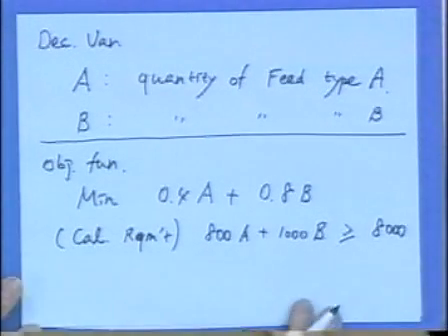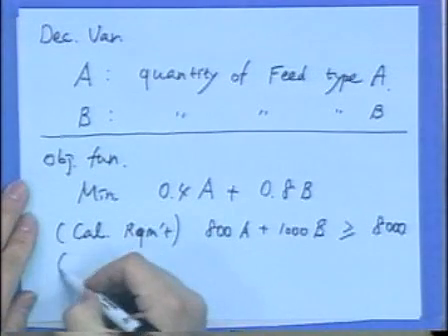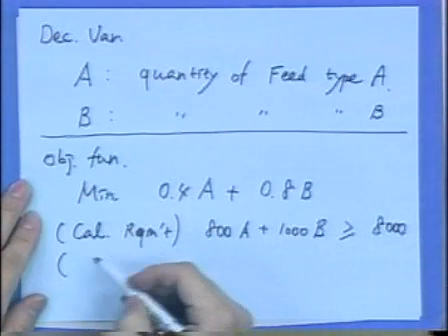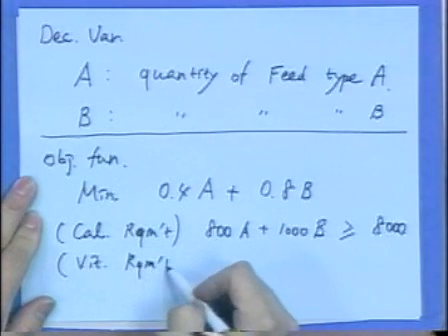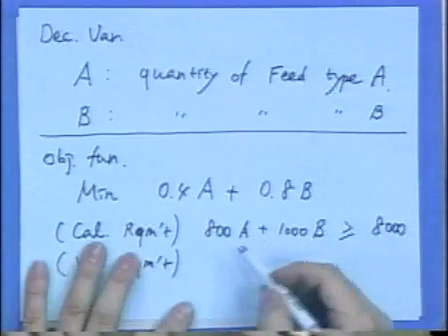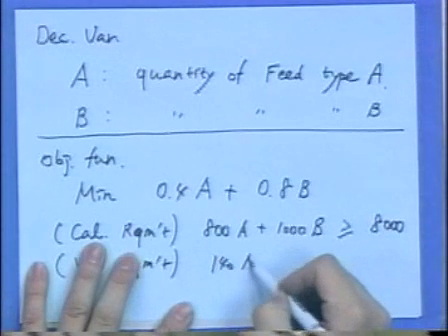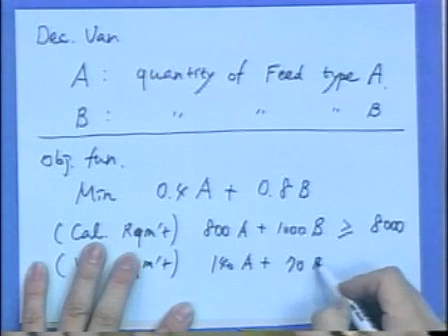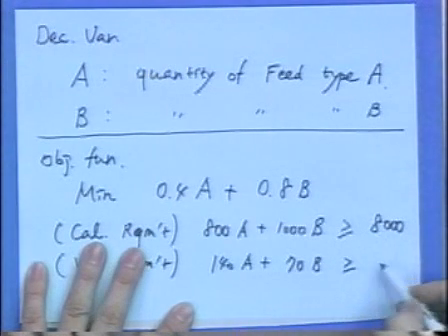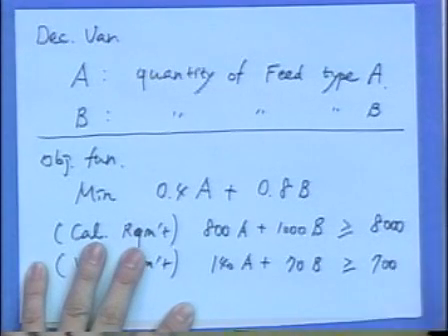Is that right? What about the vitamin requirement? It's going to be 140 times A plus 70 times B is greater than equals 700, right?